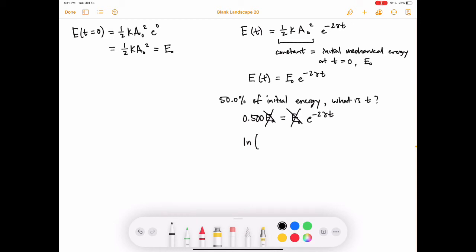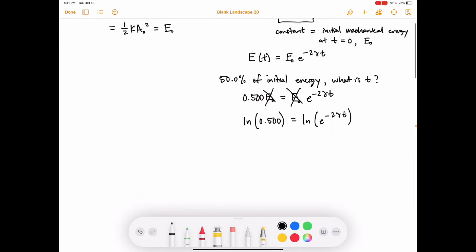So we'll have the natural log of 0.500 over here. On the other side, if we take the natural log of e to the minus 2 gamma t, remember, if you take the natural log of an exponential, you just undo the exponential.